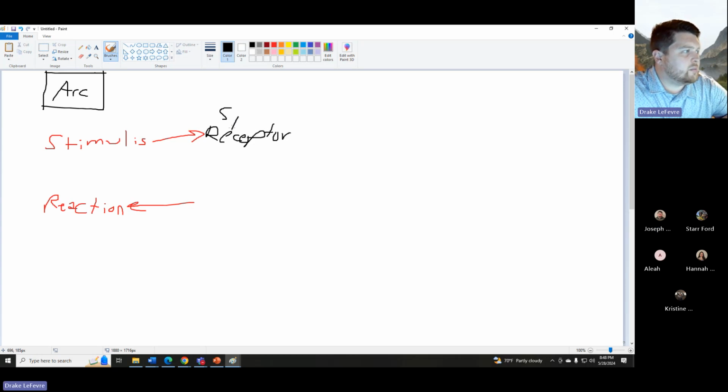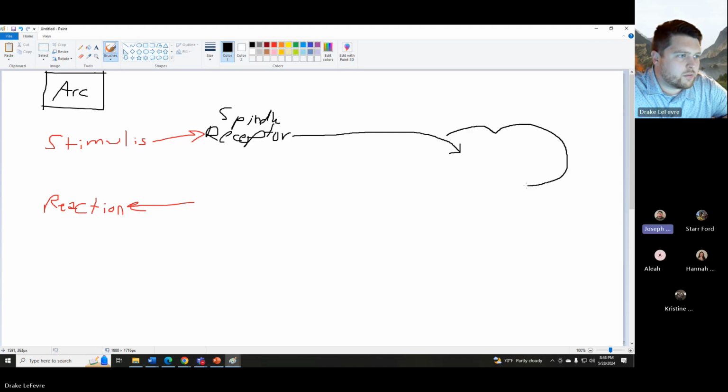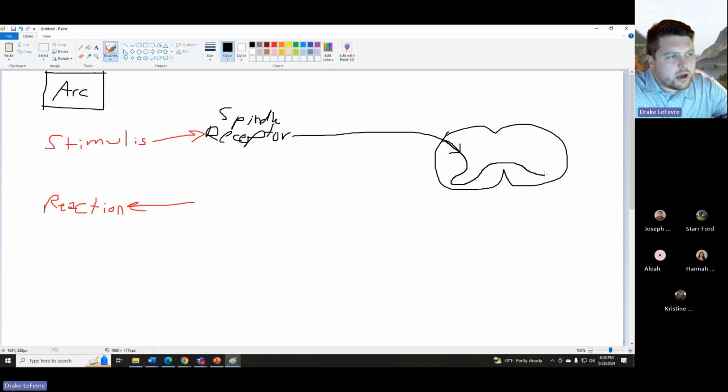Yeah, these are going to be our spindles. Now the spindles are connected into the spinal cord. And where does sensation enter the spinal cord? The dorsal sensory side. Yeah, so we have our dorsal horn. Is the dorsal horn white matter or gray matter? It's gray matter.